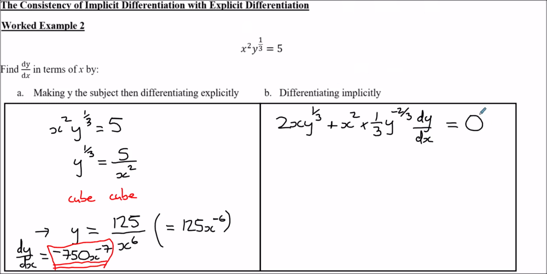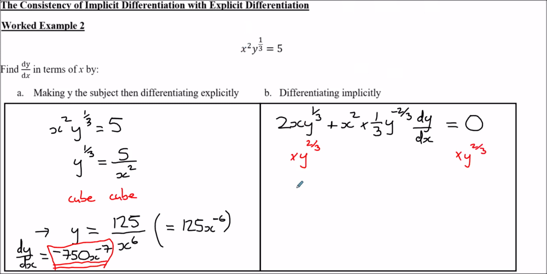What we've got here is different powers of y's, which makes it quite awkward. So what would be quite handy is if we had whole powers of y. So what could I multiply y to the 1/3 by to give us a whole y? Well, I could multiply by y to the 2/3. 1/3 plus 2/3 gives us a full y. So I need to multiply both sides by y to the 2/3.